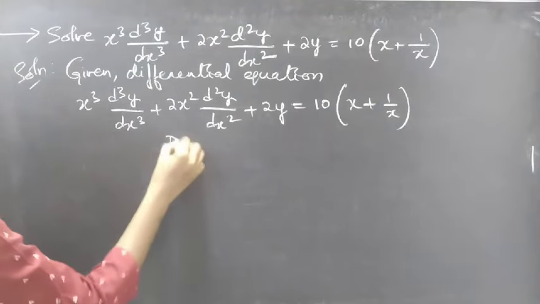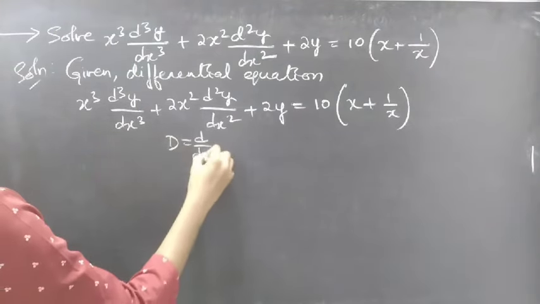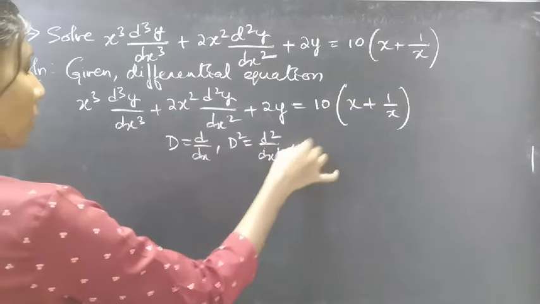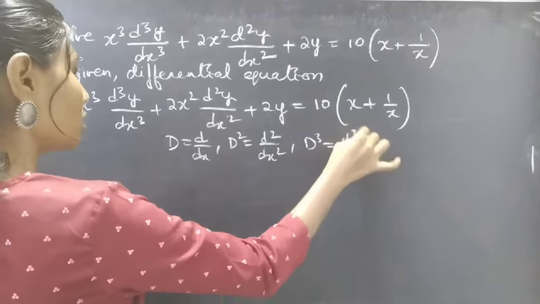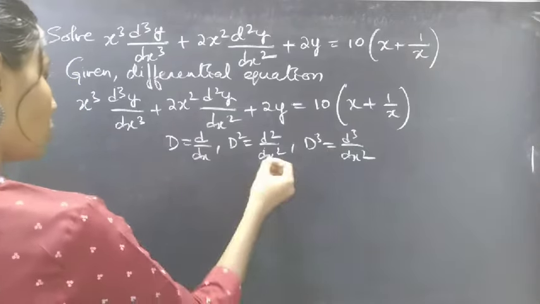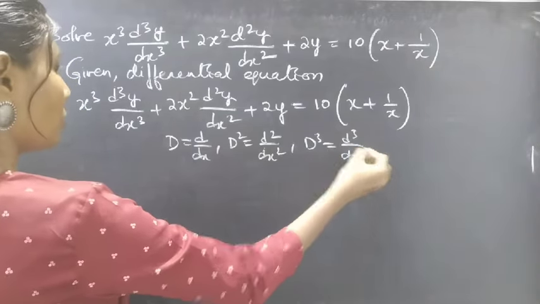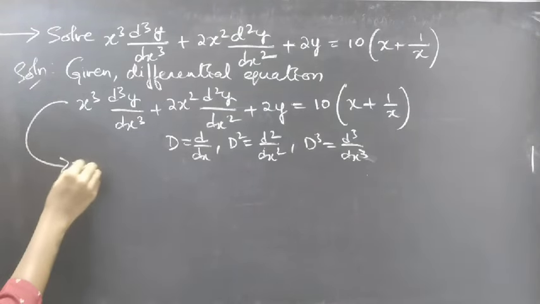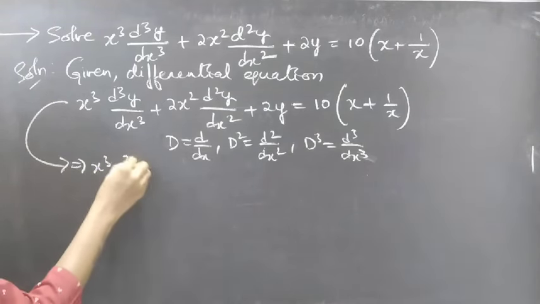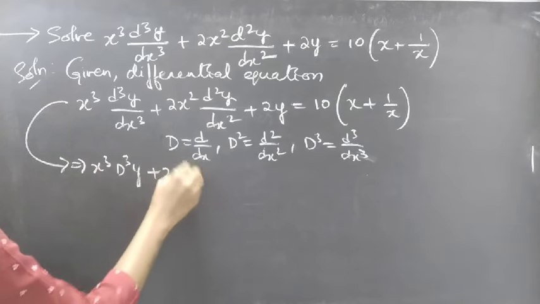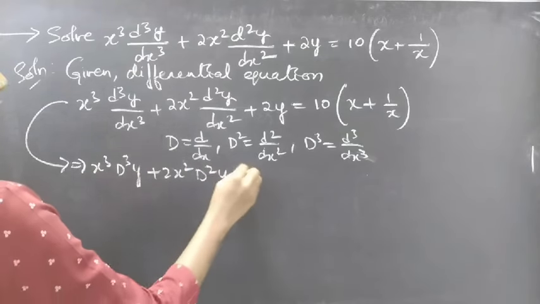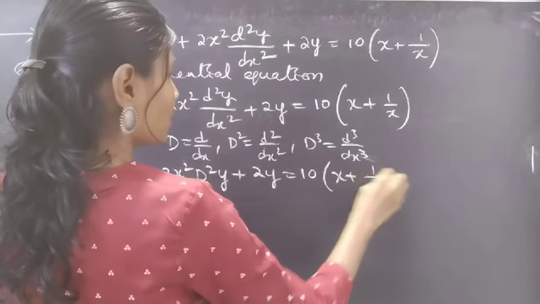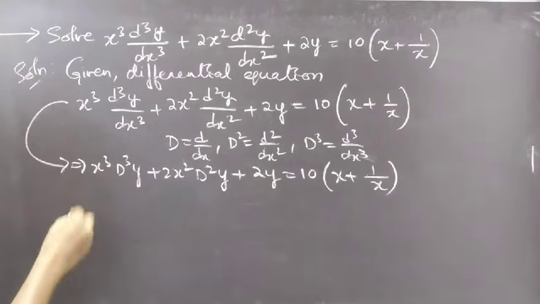So we know that the differential operator D equals d by dx, then D square will be d square by dx square and D cube will be d cube by dx cube, with independent variable x. Now, the above equation becomes x cube D cube y plus 2x square D square y plus 2y equal to 10 times x plus 1 by x.